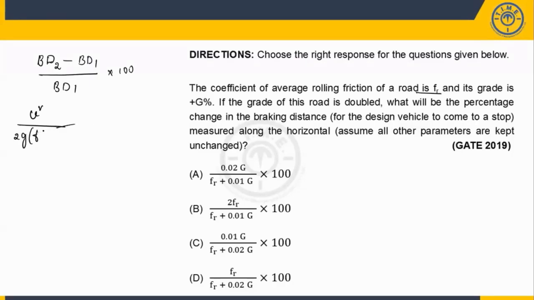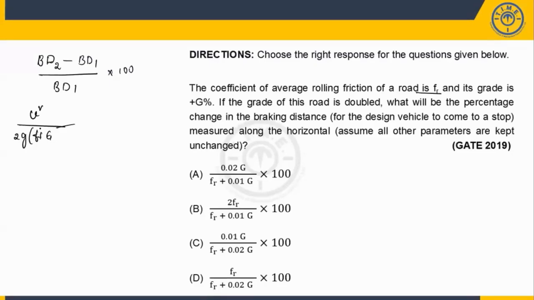So it is plus 2Z. Then minus V square by 2Z into F plus Z, upon V square by 2Z into F plus Z, into 100.